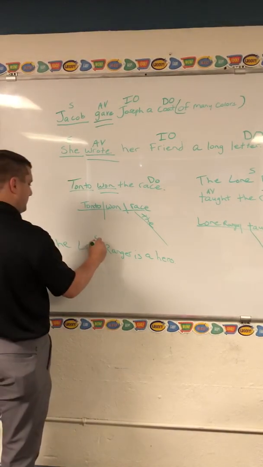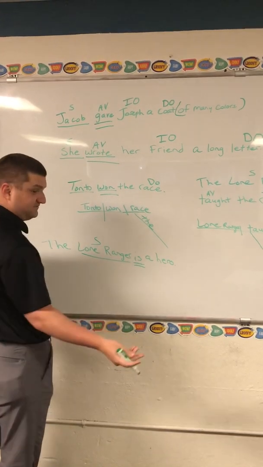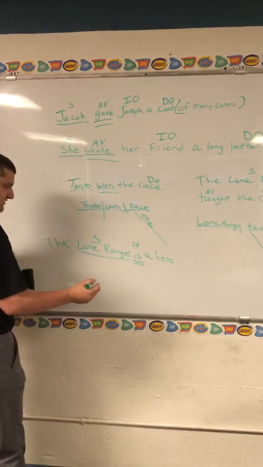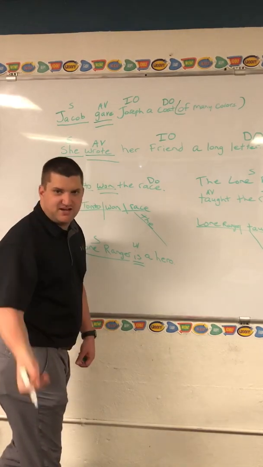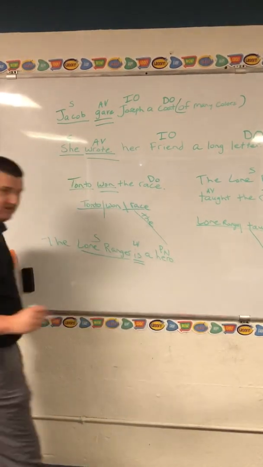Lone Ranger is your subject. Verb is. And what kind of verb is this? Linking verb. And what is the Lone Ranger? Hero. Because this is a linking verb, this is a predicate nominative. So it's a PN.